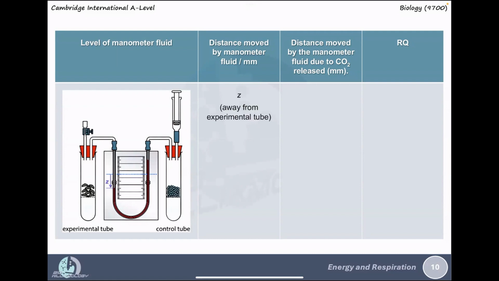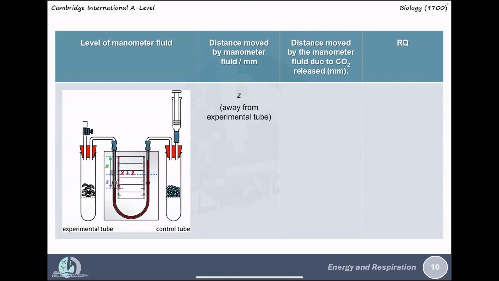So at first, the organism carries out respiration, takes in this volume of O2, and then they release CO2. So from this level X to Z, this part is actually filled with CO2, correct or not? So what is the distance moved by the manometer fluid due to the CO2 release? The answer is X plus Z.